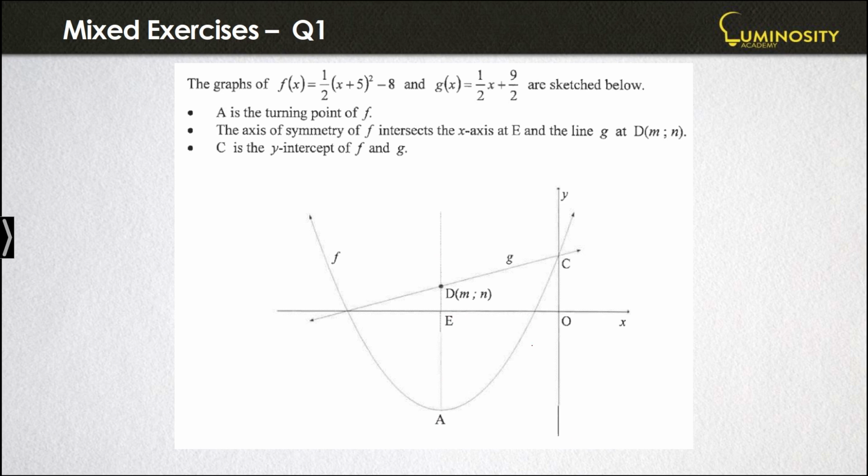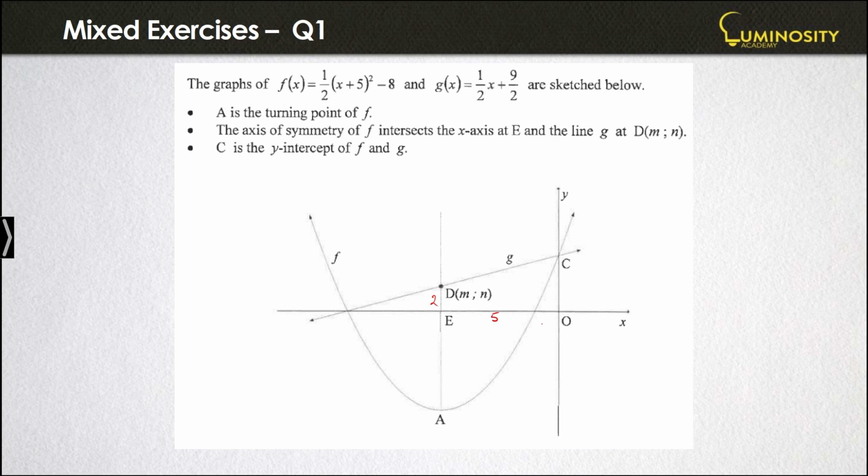Now, what about DE and OC? Do we know where these are? We just solved for the coordinates of D, and we know that n was 2, so DE has a length of 2. And the height is 5.